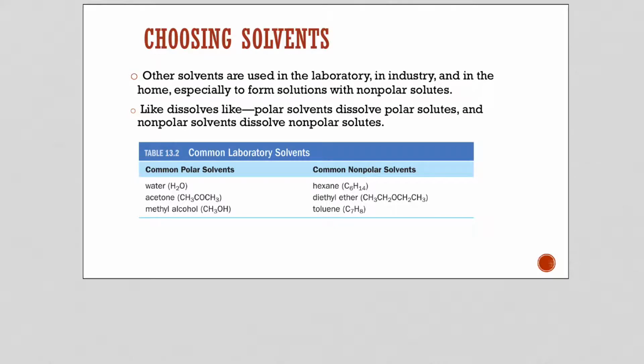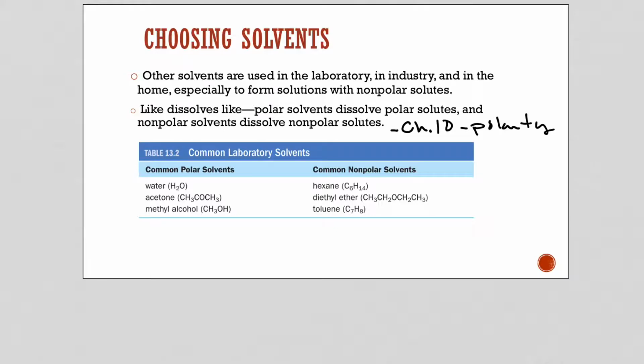Now, what kind of solvent do we choose, right? Why does a certain solvent work for certain things and not for others? Well, the first thing I'd like to remind you of is back in chapter 10, when we talked about polarity, we mentioned this idea that oil and water don't mix, right?